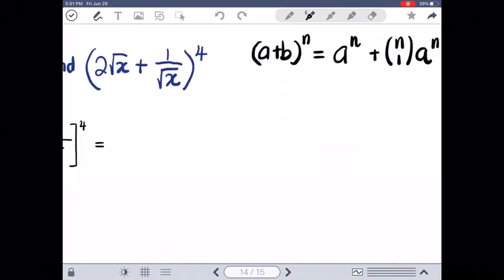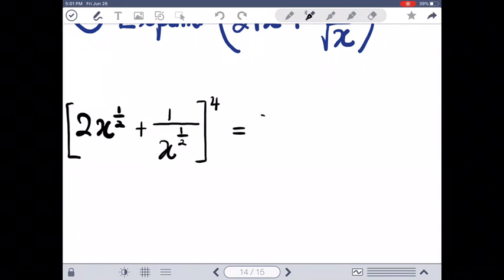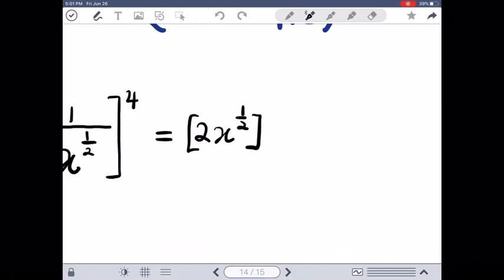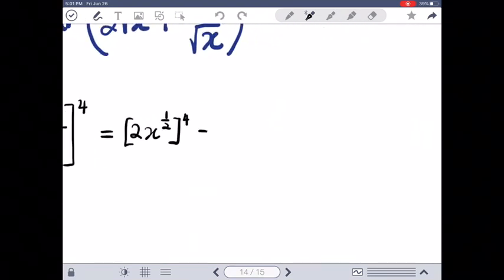The first term by the formula is just a to the power of n. So our a is (2x to the power of 1 over 2), to the power of n, which means to the power of 4. That is our first term. Second term, it should be 4C1.